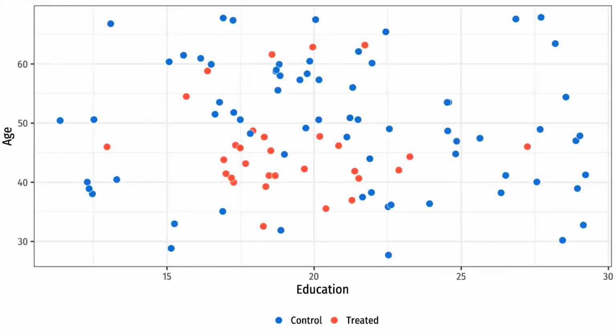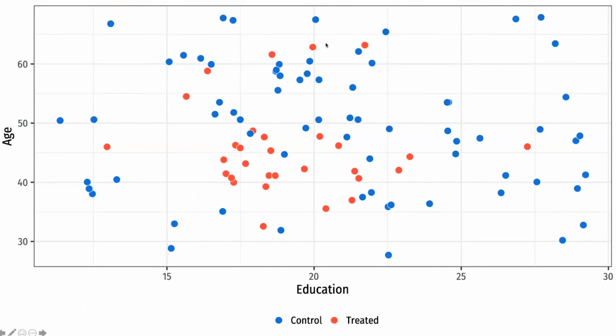So here is another example where we'll just match on education and age. These are our two confounders. What we want to do is find points that are very similar to each other in both age and education. And the way you do this is you basically find the nearest neighbors. That's this whole idea of nearest neighbor matching. These two points right here are a good nearest neighbor match.